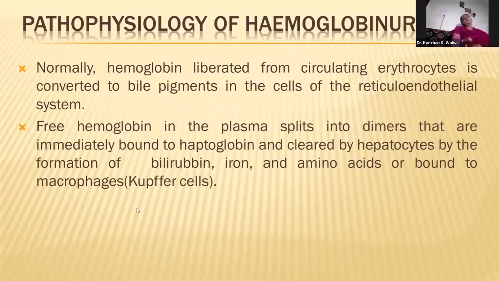So while it is going from the heart through the circulation to the tissues, it is bringing oxygen, and when it is going back from the tissues to the lungs and to the heart, it is carrying carbon dioxide. So this transport system is done by hemoglobin. So normally the RBCs do not have nucleus.